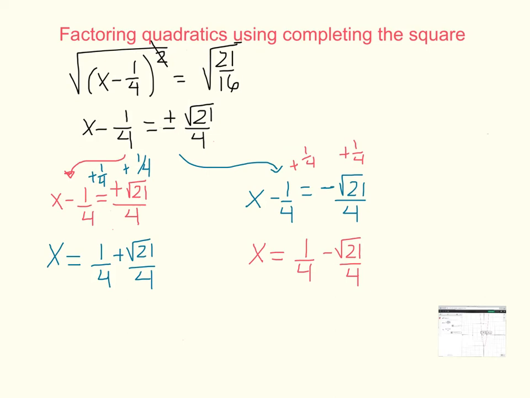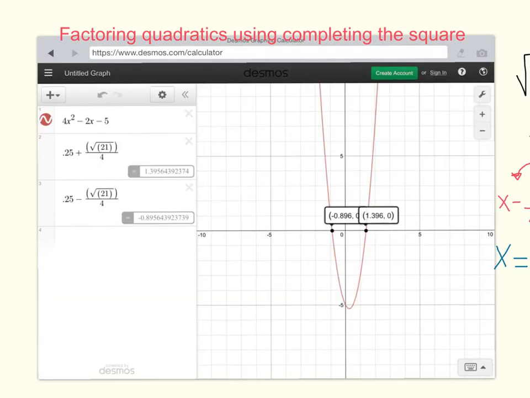Now, in order to check this, we would need calculators in order to figure these roots out and the specific decimal points that we will get. So let's go ahead and look at decimals to check our work. Now what I've done is I've actually plugged in 4x squared minus 2x minus 5, which is the quadratic we started with. And then I found the roots.